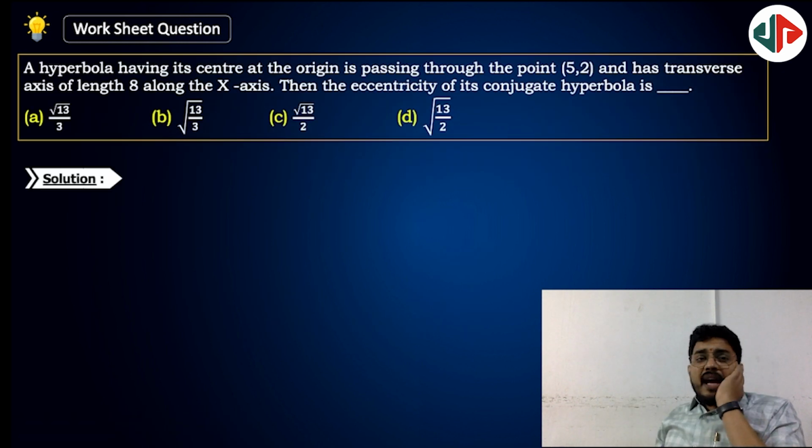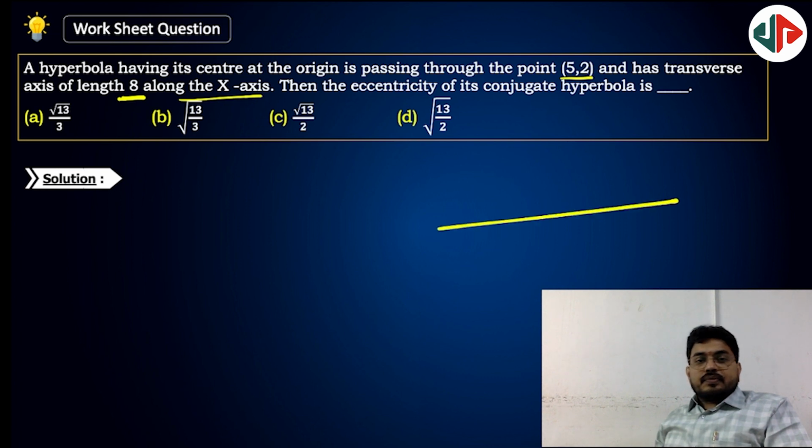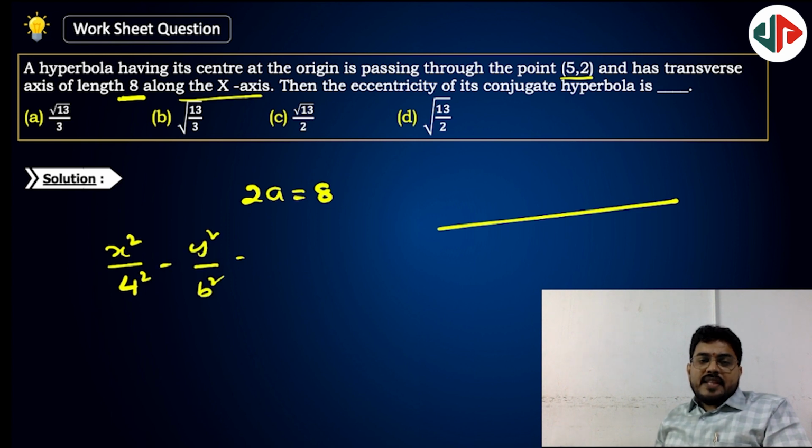A hyperbola having its center at the origin, passing through the point (5, 2), and a transverse axis of length 8 units along the x-axis. Then find the eccentricity of its conjugate hyperbola. So 2a is equal to 8 units. So the equation is x square by 4 square minus y square by b square is equal to 1.